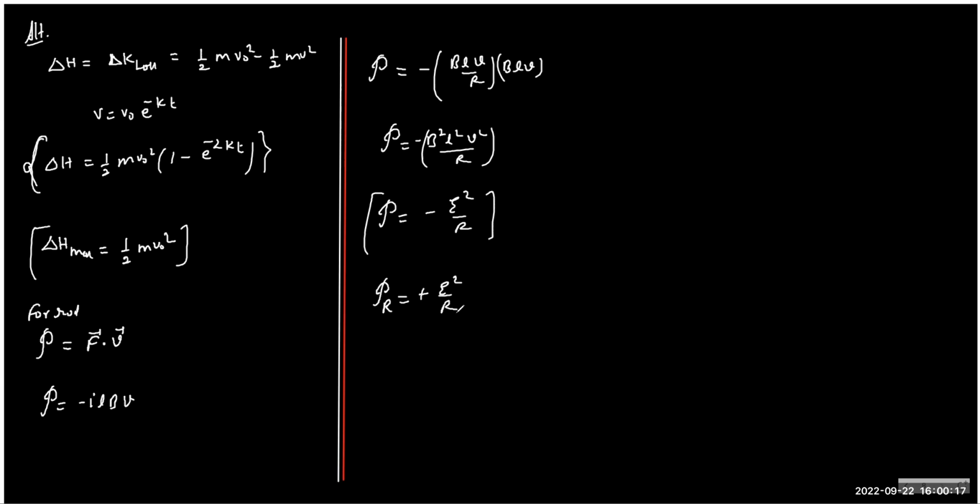Because the net power of the system is zero, because whatever energy the rod is losing is the energy gained by the resistor. So if I take the system together, the sum of the power must be zero, so that's logical, right? Yes, sir.